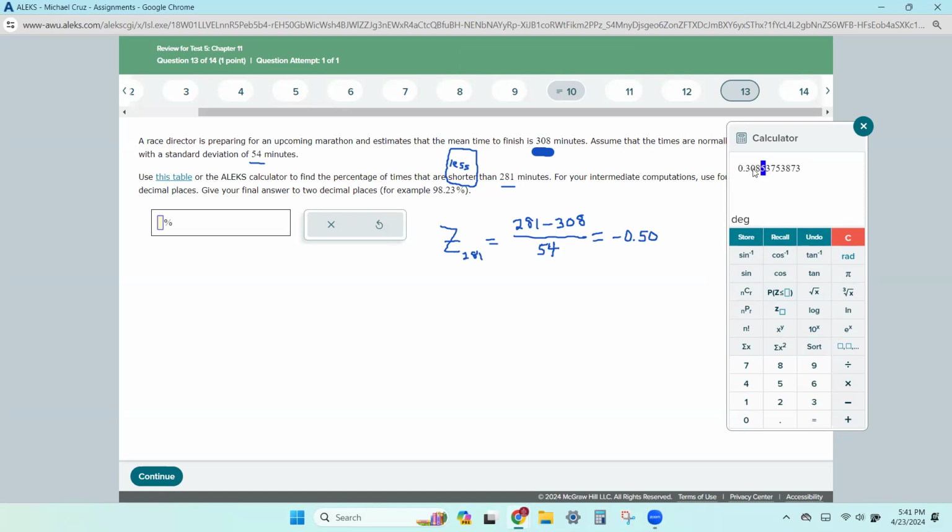And so here's my value. So I'm just going to copy it and whoops, you know what? It asks for percentage. So what do we need to do? We got to multiply it by 100 because multiplying by 100 shifts everything over 2 decimal places to the right. So now this is going to be 30.85%.